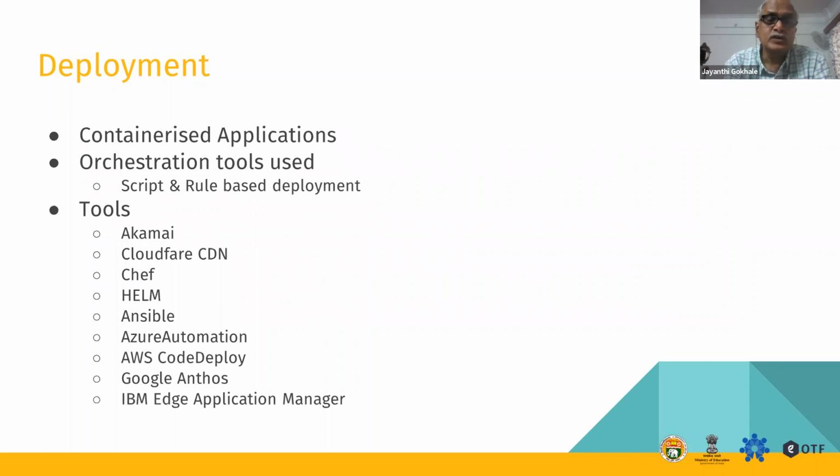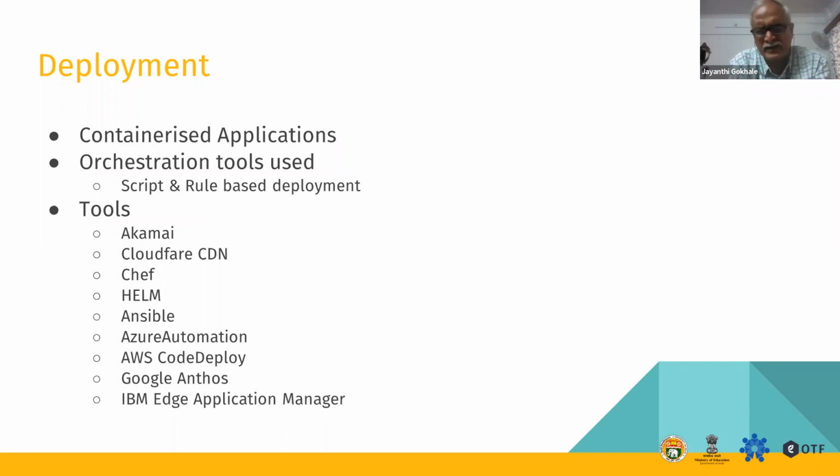So what are the tools that are available for deployment? You talk about applications. All these applications are going to be containerized. That's number one. And you have orchestration, and a whole bunch of orchestration tools available. These could be rule-based orchestration services or even script-driven orchestration services.